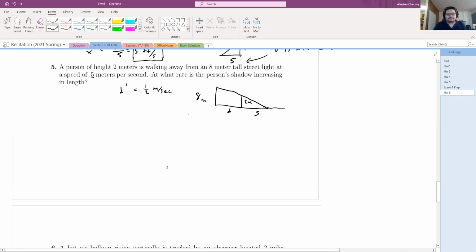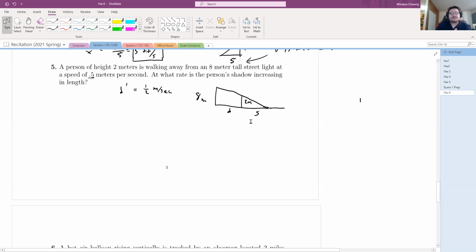Okay. So this is the data that we have, and we also need to set up an equation that describes the system for all time, imagining that this picture is evolving, right? Imagining that the person is moving along, and that the shadow length is also therefore increasing.